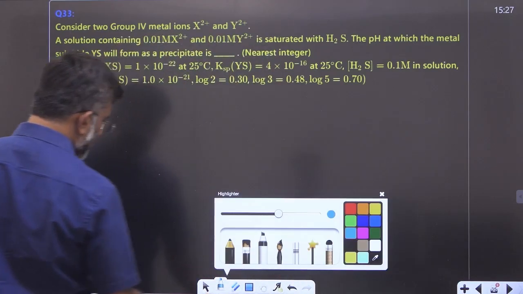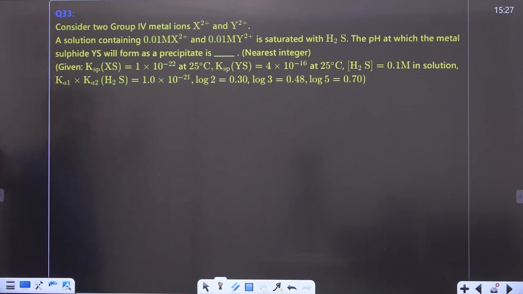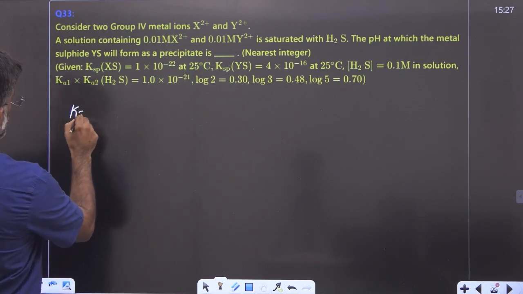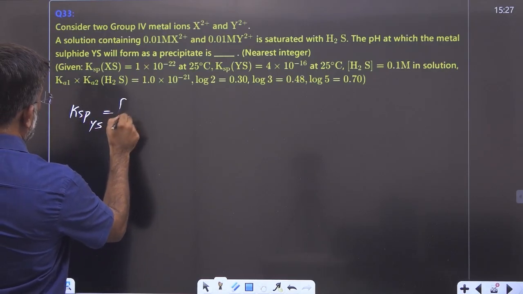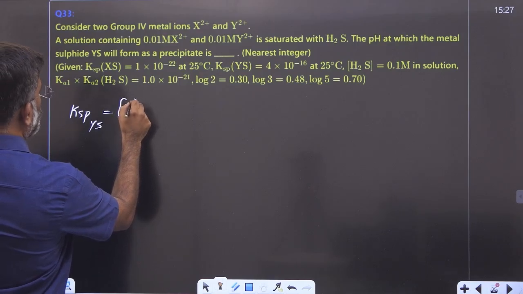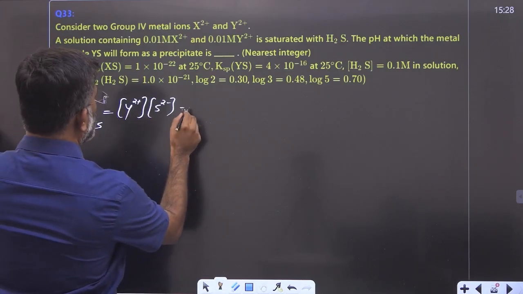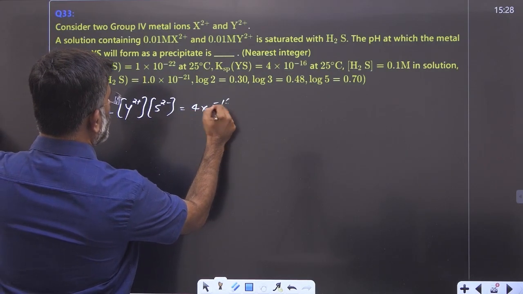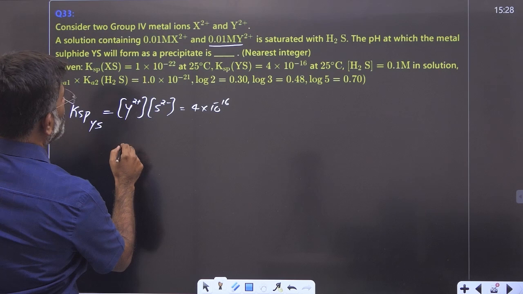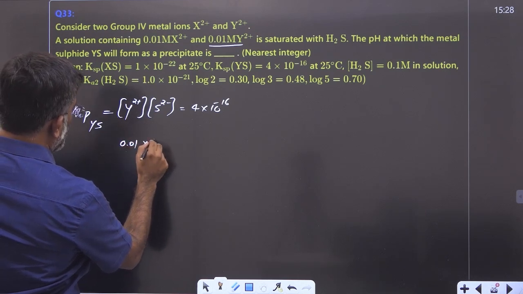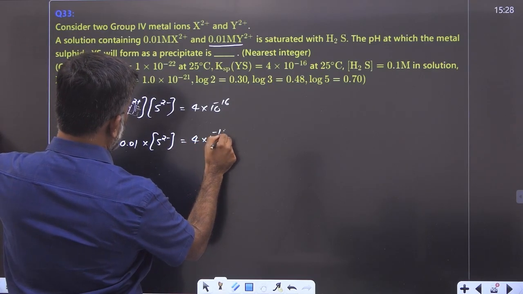Given the KSP of XS and that of YS, so the KSP of YS about which we are talking is equal to the concentration of Y2 plus into the concentration of S2 minus, and that is equal to 4 into 10 power minus 16, and the Y concentration available is 0.01, into S2 minus equal to 4 into 10 power minus 16.